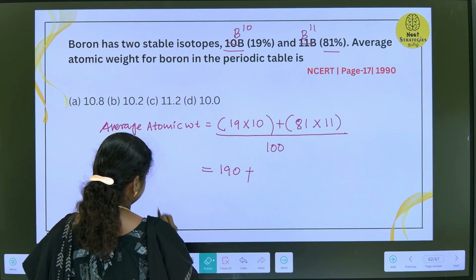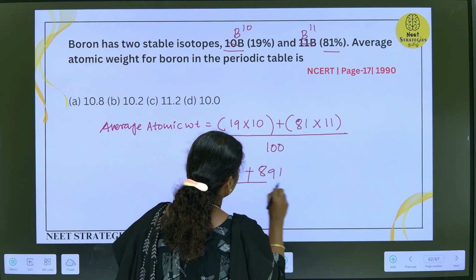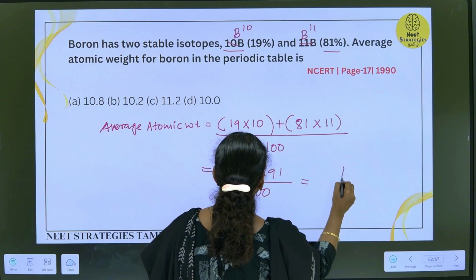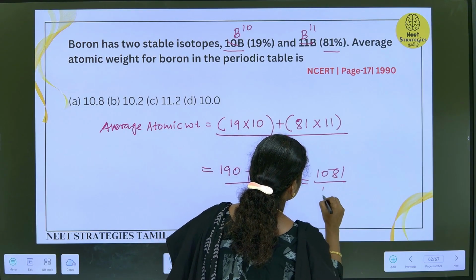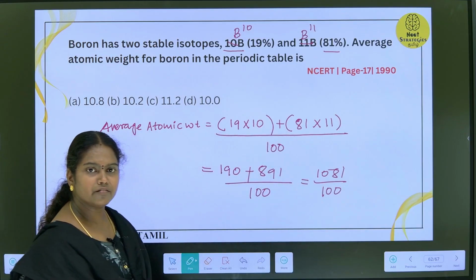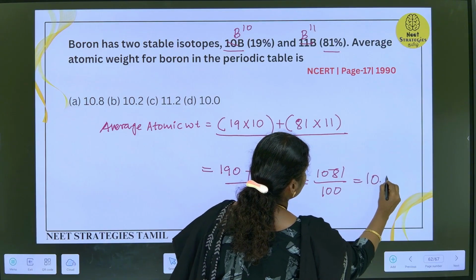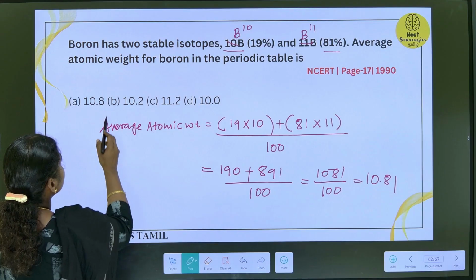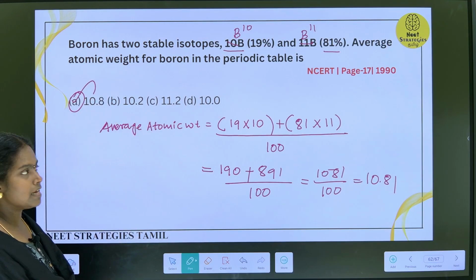Then 190 plus 891 is 1081, divided by 100, which gives 10.81. Look where it is, 10.8. Good, option A is the correct answer.